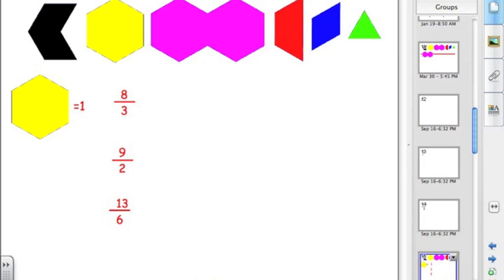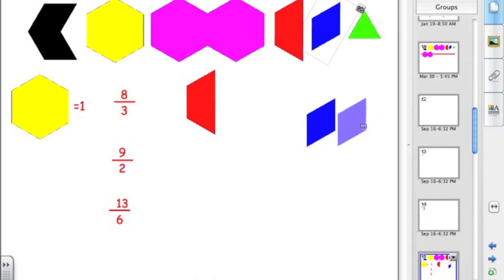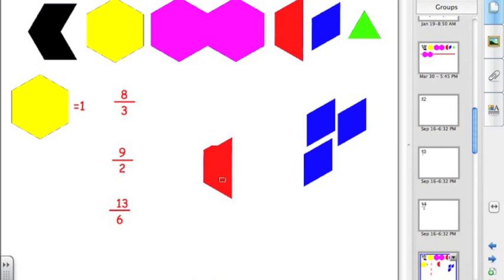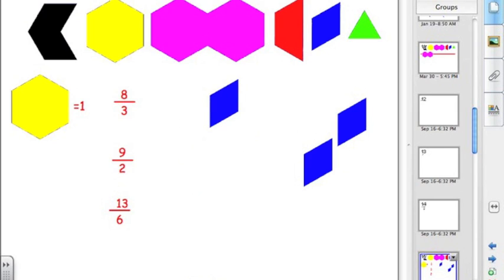The blue piece, right? Oops. Oh, that's red. There we go. So we have 8 of these pieces.